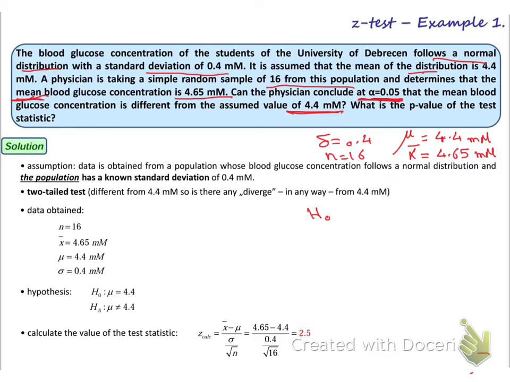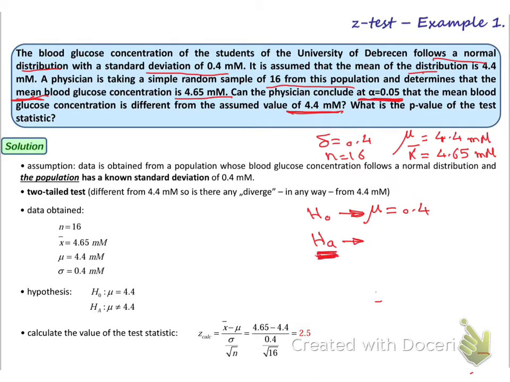So I'll assume the null hypothesis that the mean is not different, it is equal to 4.4. I can assume that it is different or equal. So I'll assume it equals 4.4. So H alternative should be different from this one, which I'm going to use to work out.